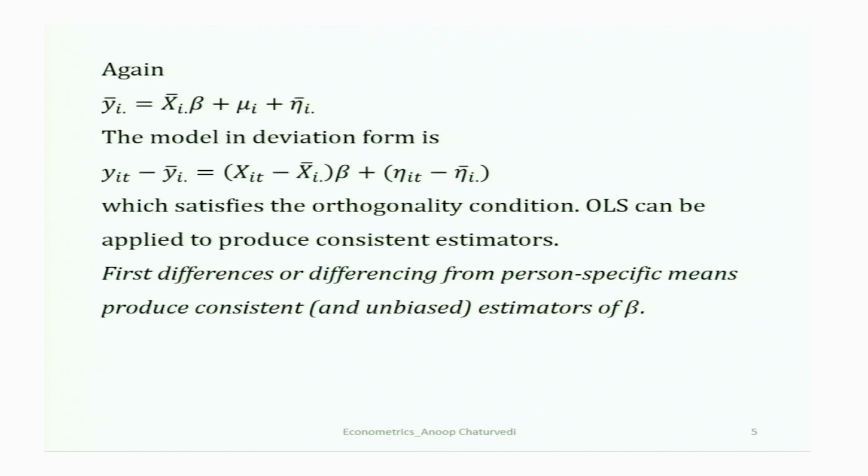So, now what we have done? Instead of taking the first differences, now we are taking deviation from individual specific means, y it minus y bar i dot, and then we get rid of this mu i.